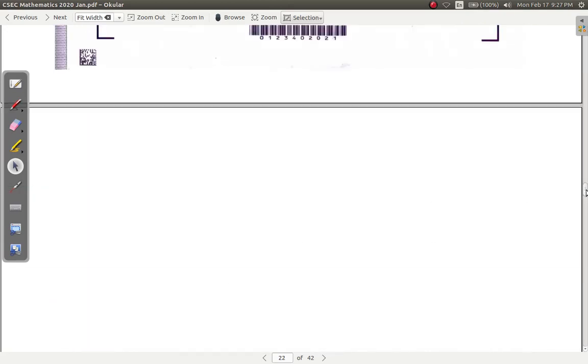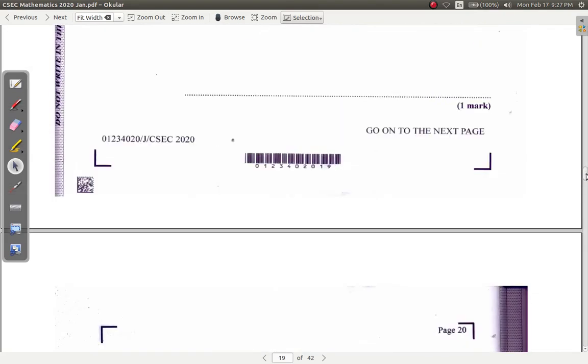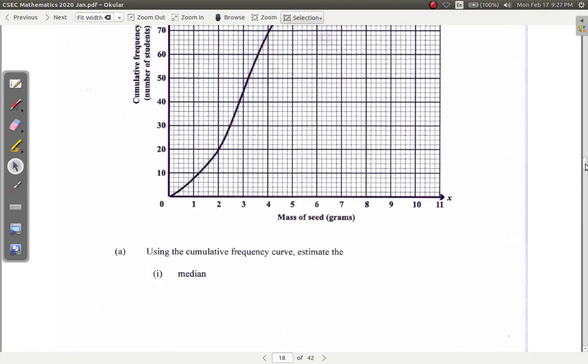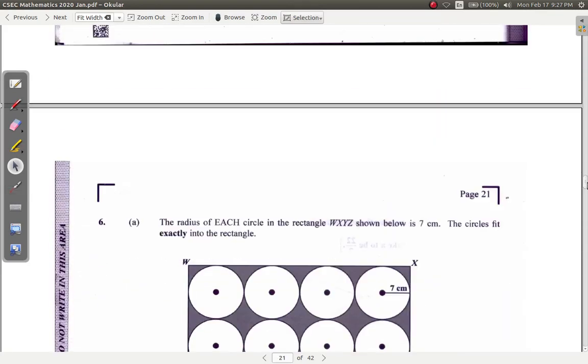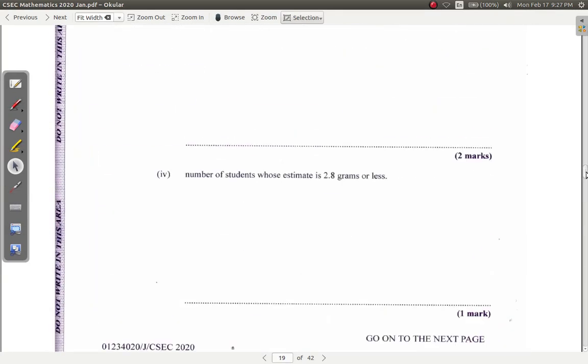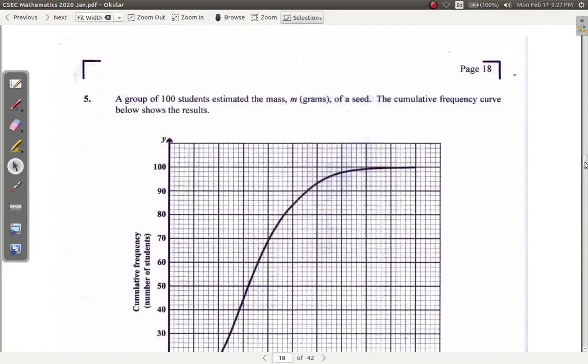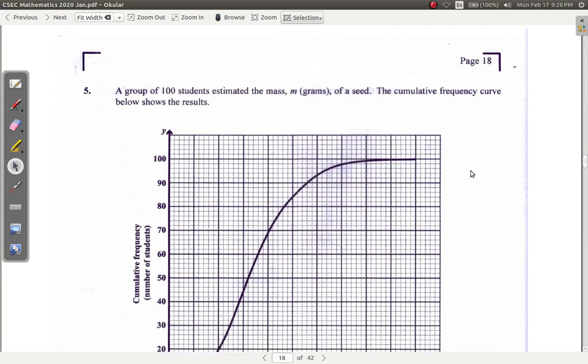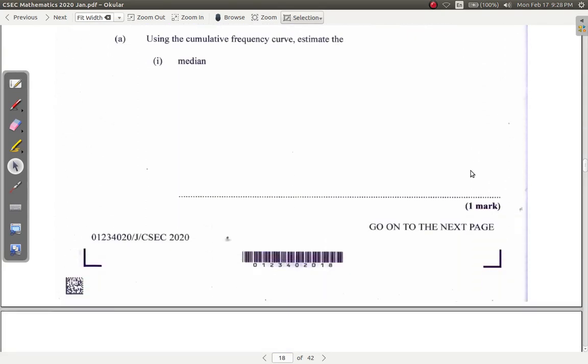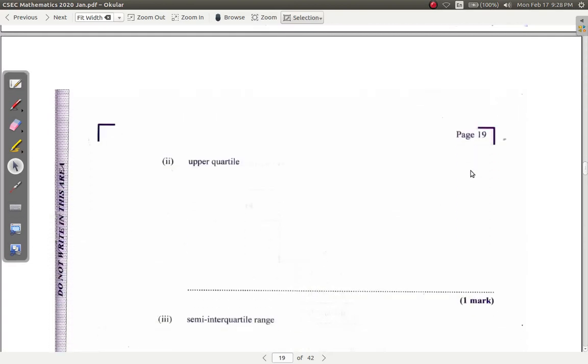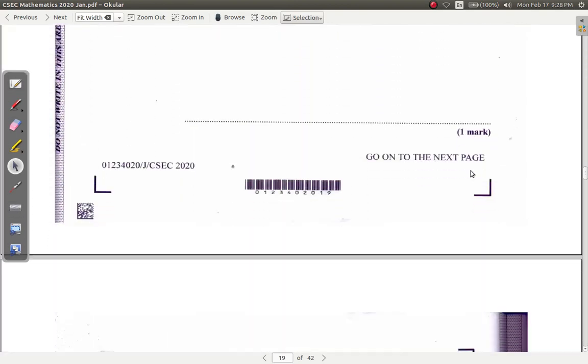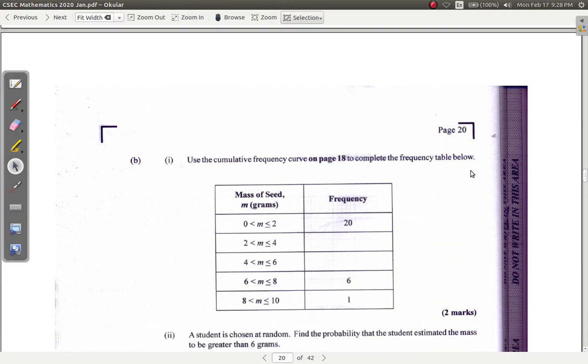Okay, you probably would have to use the sine and cosine rule there. So that was question 6. Question 5. You have a cumulative frequency curve. So that's statistics. Alright, you have statistics for question 5.